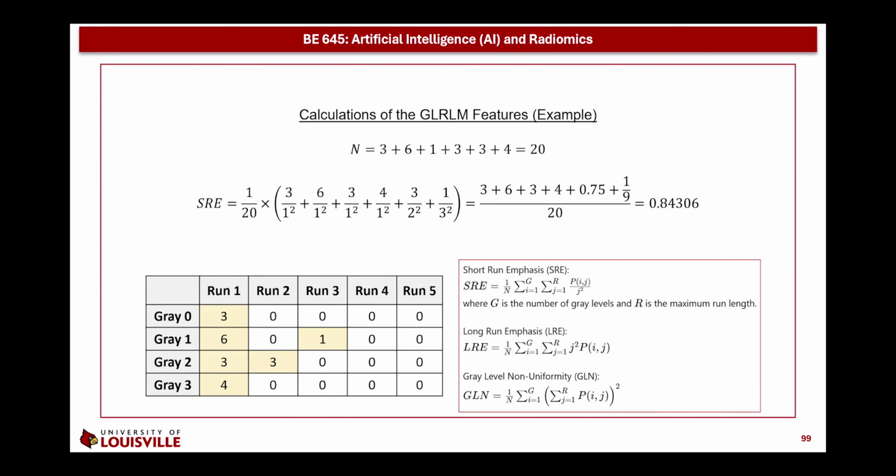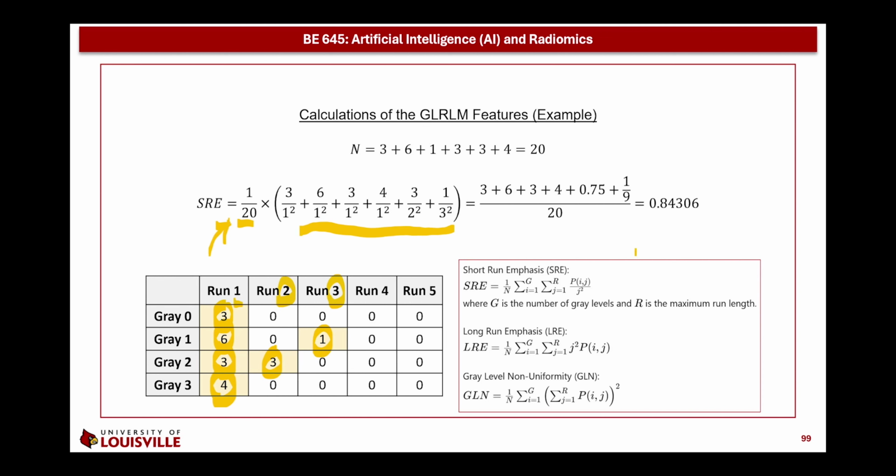So if you want to apply that formula on each element, in our example, you will divide 3 by 1 squared, 6 by 1 squared, 3 by 1 squared, 4 by 1 squared, 3 by 2 squared, and 1 by 3 squared. You sum all of these numbers and divide it by 20, and that value is the sum of all numbers in the run length matrix.